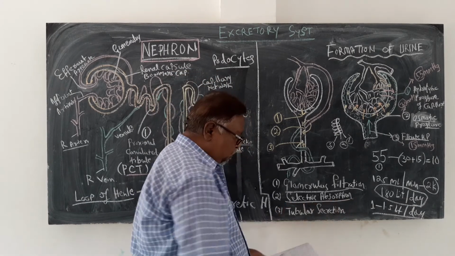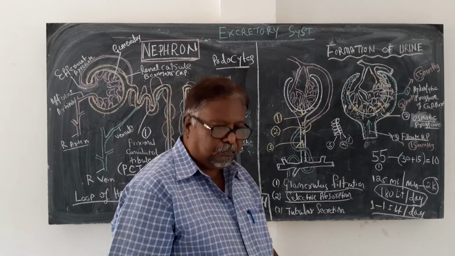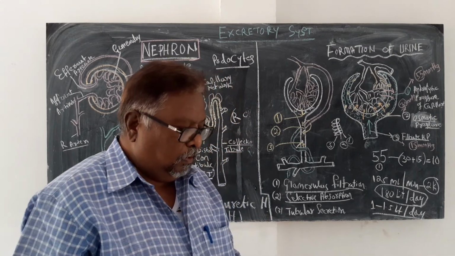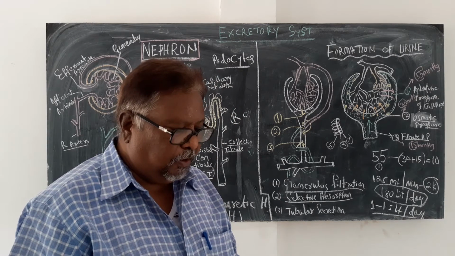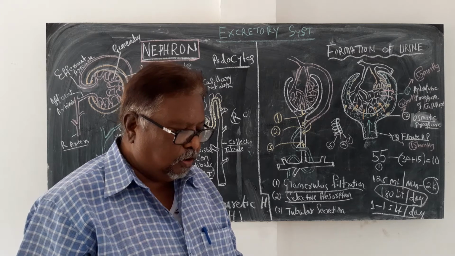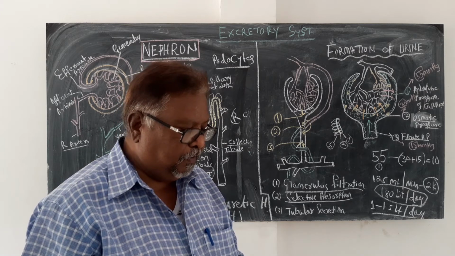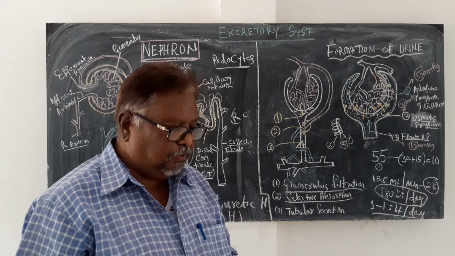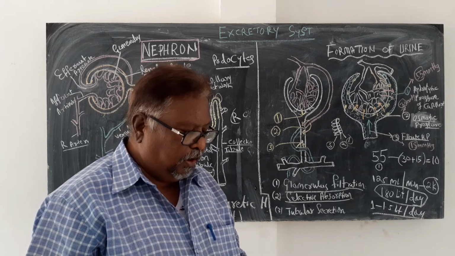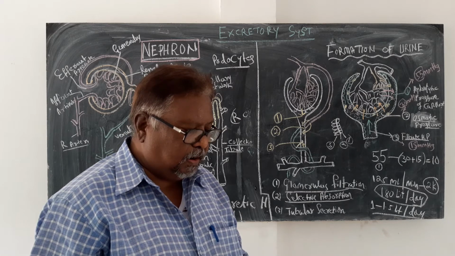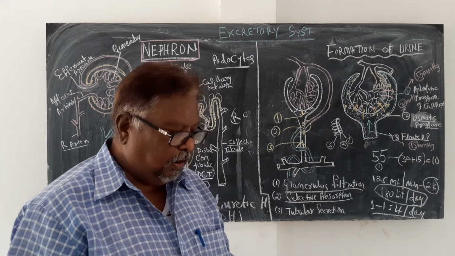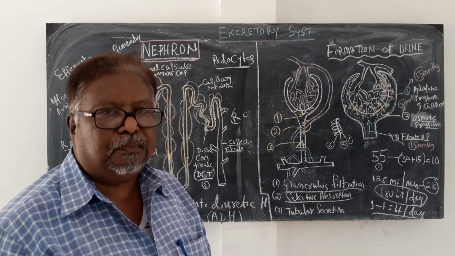Here the reabsorption from the filtrate back into the blood takes place in the proximal convoluted tubule, PCT. The cuboidal or columnar epithelial cells of PCT have microvilli to increase the area of absorption.